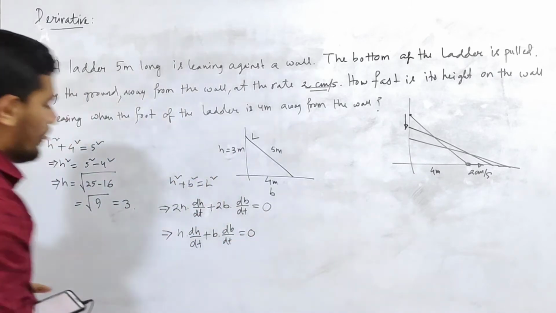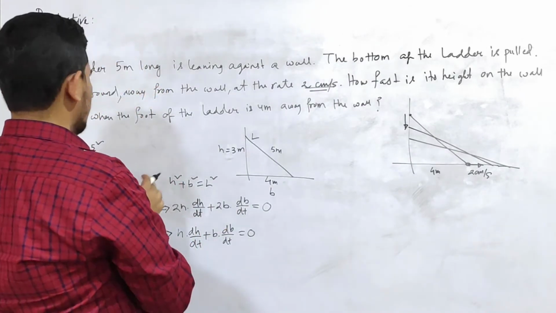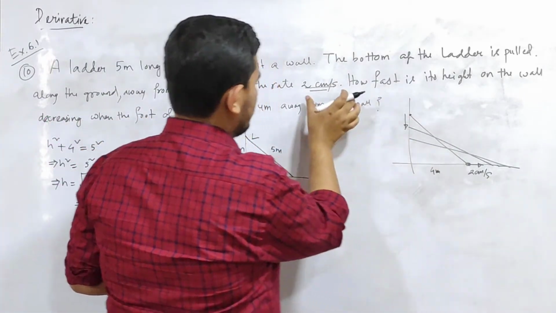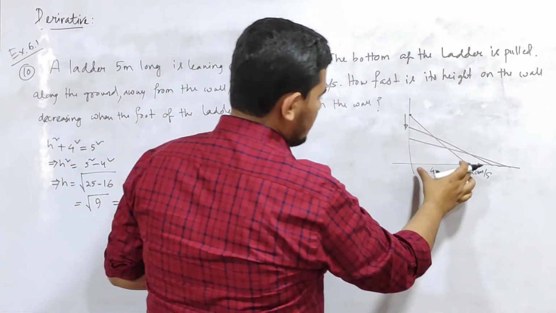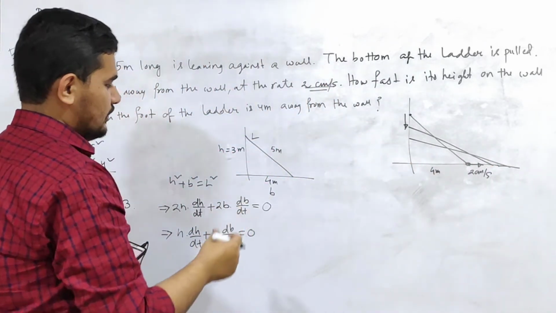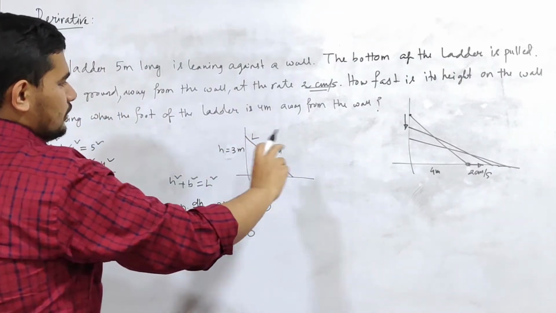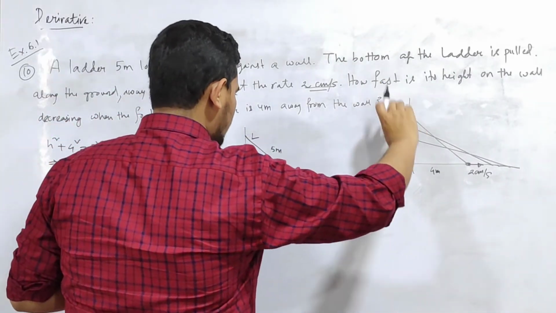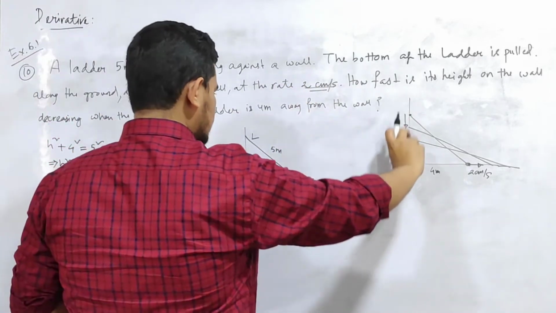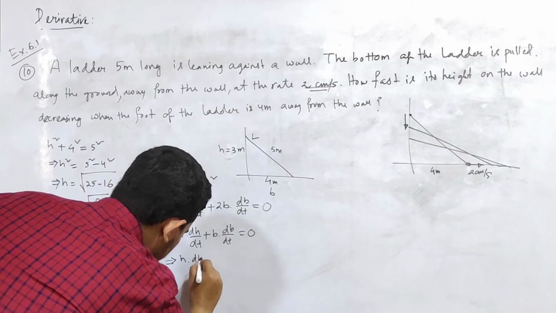equal to 0. Now here in the question we were given the value of this 2 centimeter per second, that is this term, that is the rate at which b is increasing. So db by dt will be 2 centimeter per second. So we need to find out dh by dt, that is the rate at which h is decreasing. So I will write dh by dt.